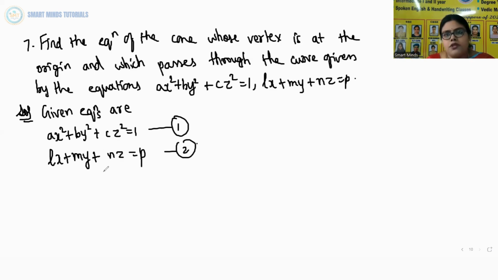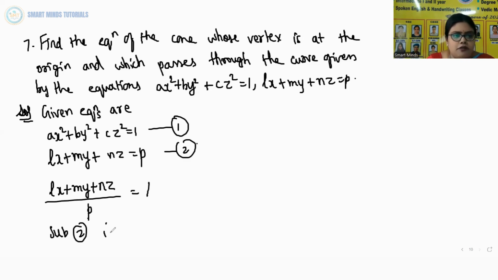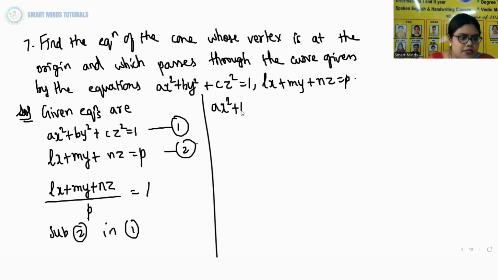Now the second equation, I'm dividing both sides by p. So we get (lx + my + nz)/p is equal to 1. Now substituting the second equation in the first equation. So what do we get? ax² + by² + cz² is equal to, in the place of 1, I am substituting this.